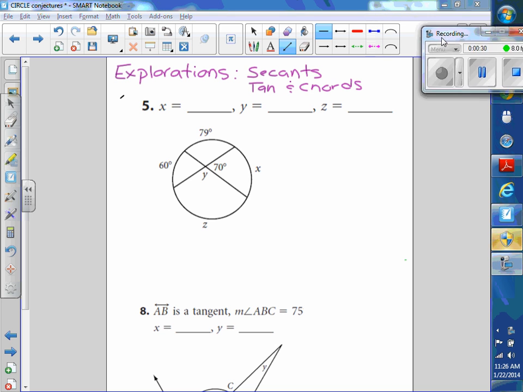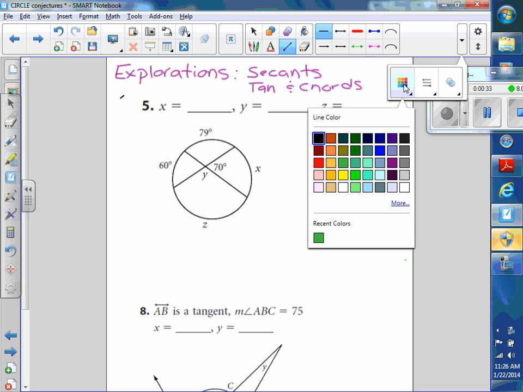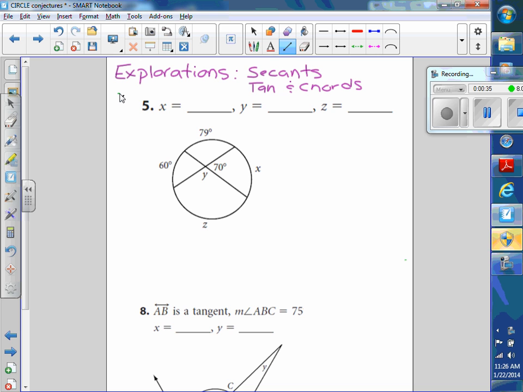All right, so I'm going to go through these as much as possible. On this first one we have a 60-degree angle, and if I highlight that arc, I can create an inscribed angle with the 60, which would make this 30 degrees, because this angle intercepts that 60-degree arc.